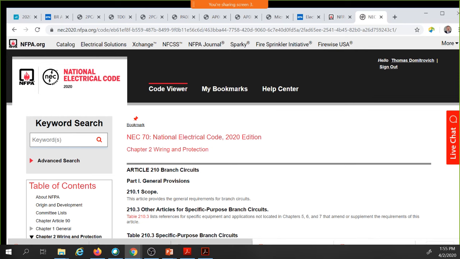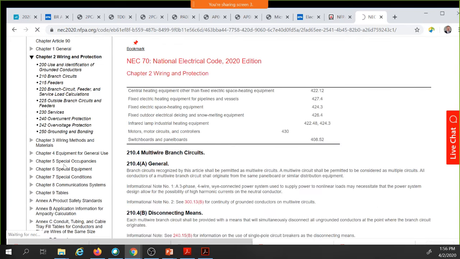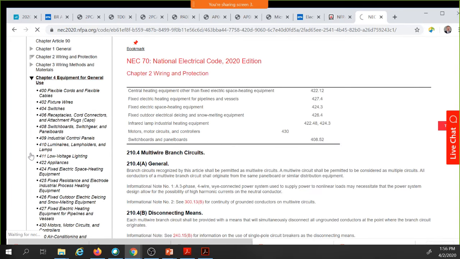So let's just do a search for AFCI, how that works. I believe it's for some reason that's not finding it for me. Oh, I know why. Just taking a little time.